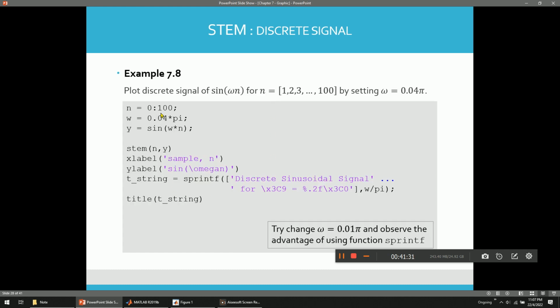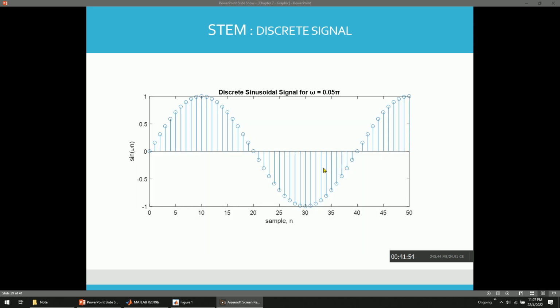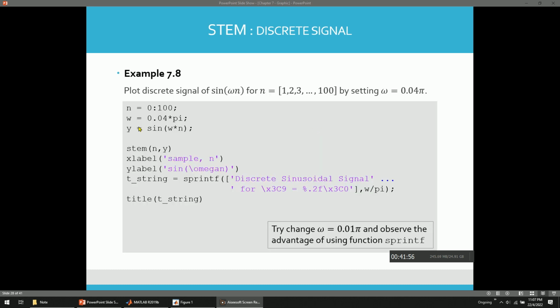So it is the same way you use the plot. You have the x-axis and the y-axis, and the labeling is also the same. How to write the title is also the same. So this is the result. So you can practice it here.